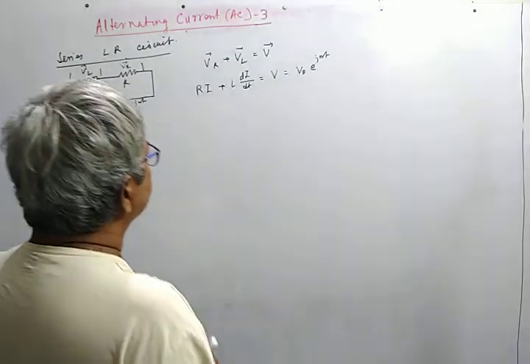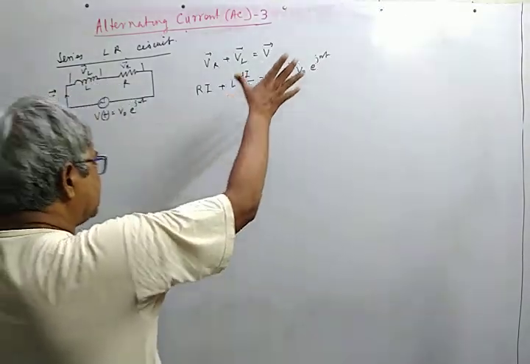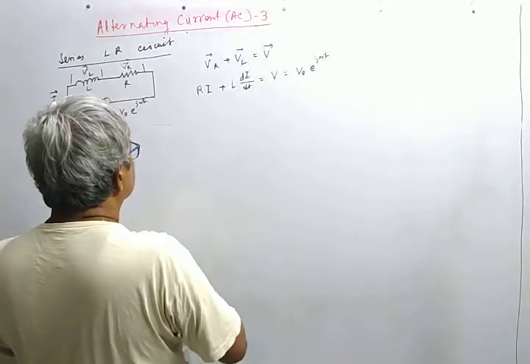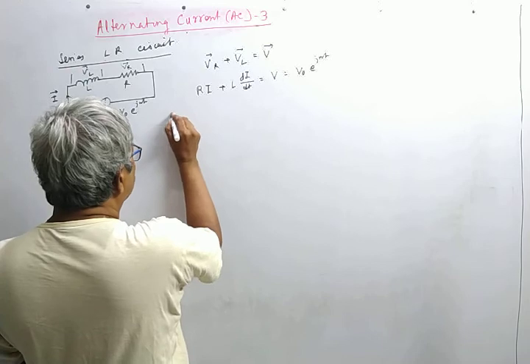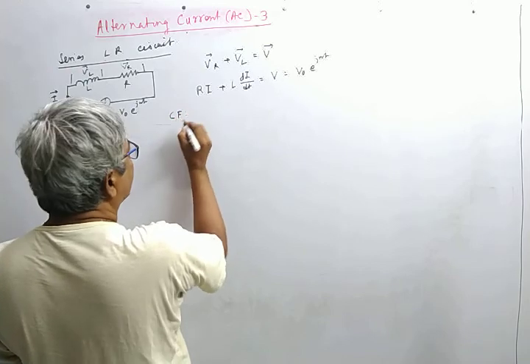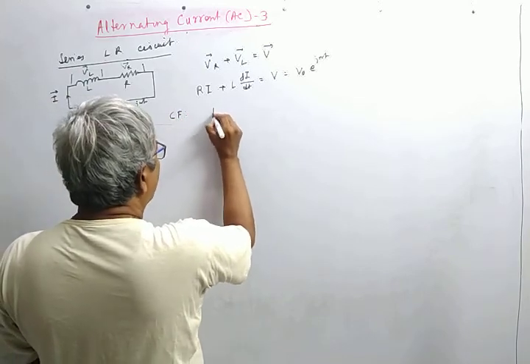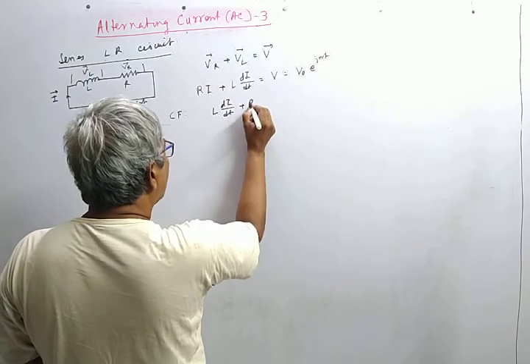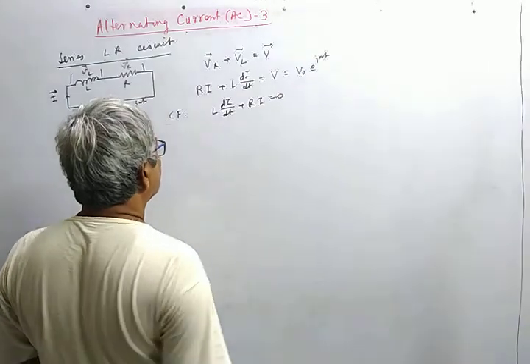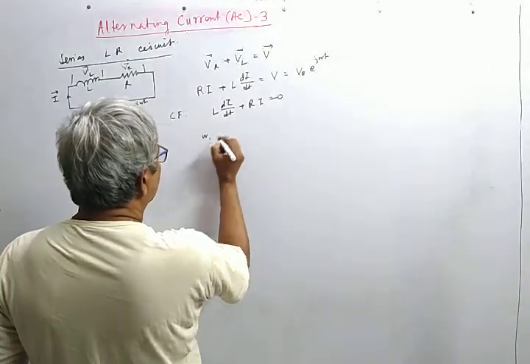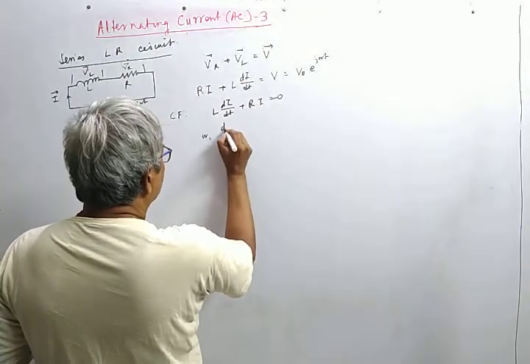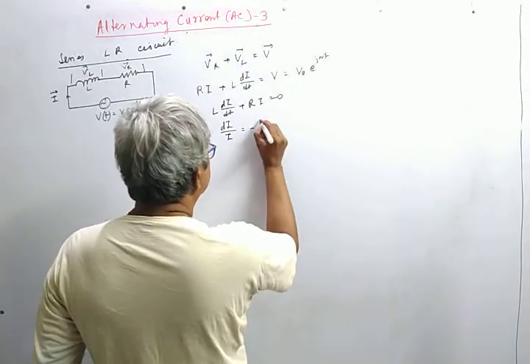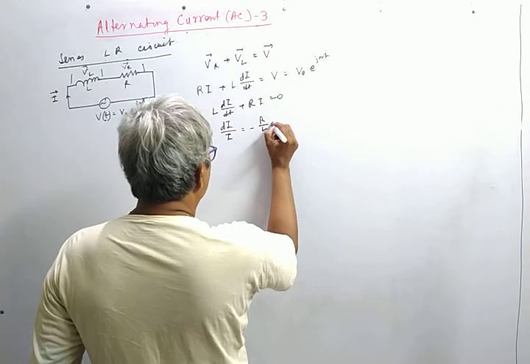Now this equation is an inhomogeneous first order differential equation. So its complementary function is L di/dt plus Ri is equal to 0, or this equation can be written as di/I is equal to minus R by L dt.